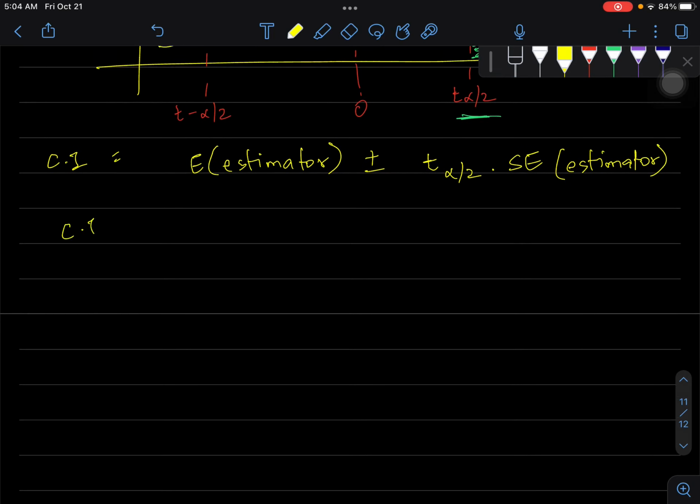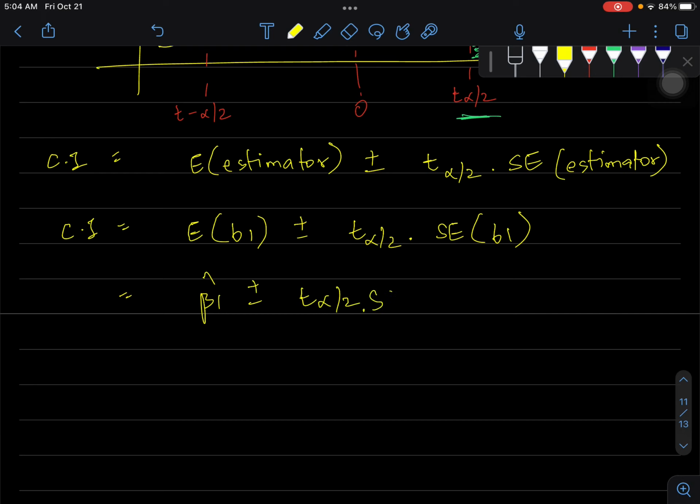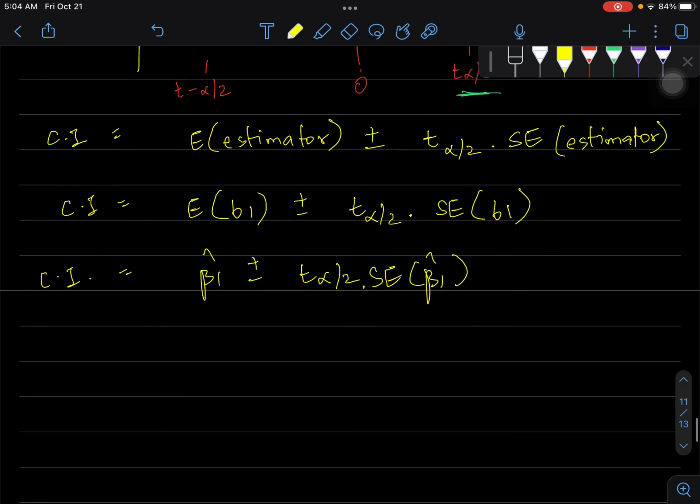In our case, that looks like the expected value of b1 plus minus t alpha by 2 times the standard error of b1, or we can write it as beta 1 hat plus minus t alpha by 2 multiplied by the standard error of beta 1 hat. That's going to be the confidence interval.